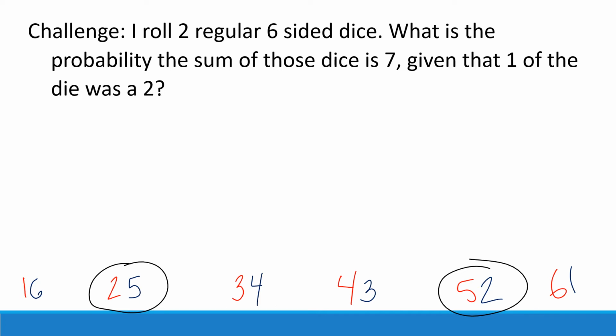We need to think back to the last set of notes, where you have 2 dice, right? So that means you have 6 sides times 6 sides, which means you have 36 possible outcomes.